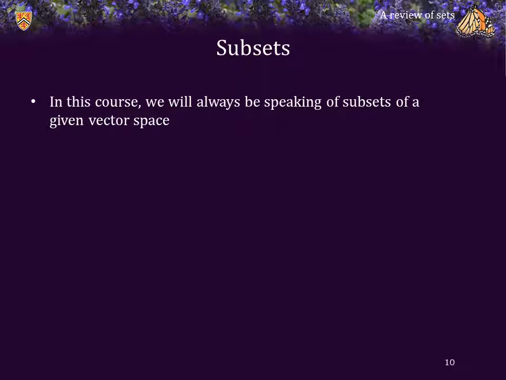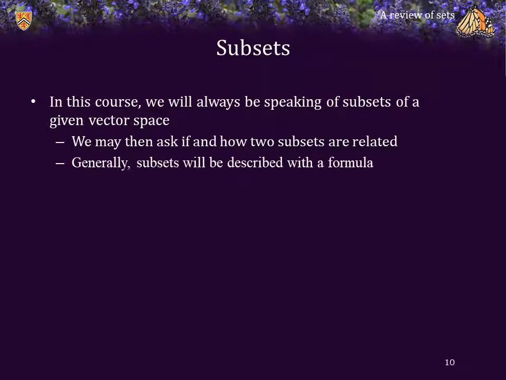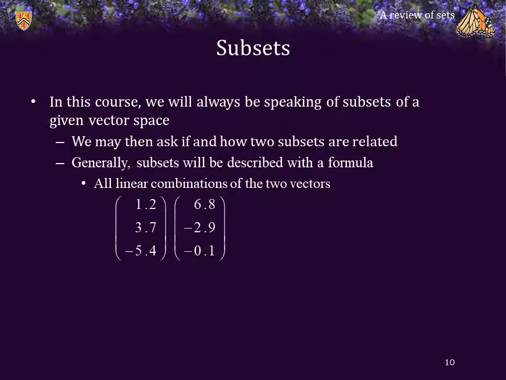Now, in this course, we will always be speaking of subsets of a given vector space. We may then ask how two subsets are related. Generally, subsets will be described with some sort of formula. So, for example, I may state that I'd like to consider the subset of all linear combinations of these two vectors.